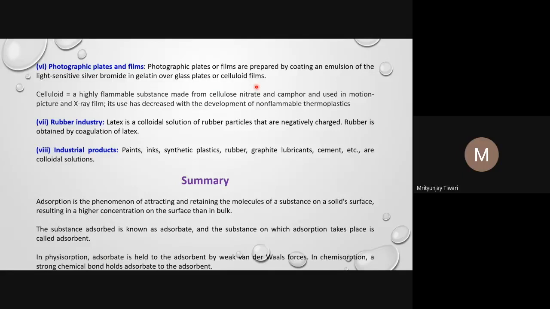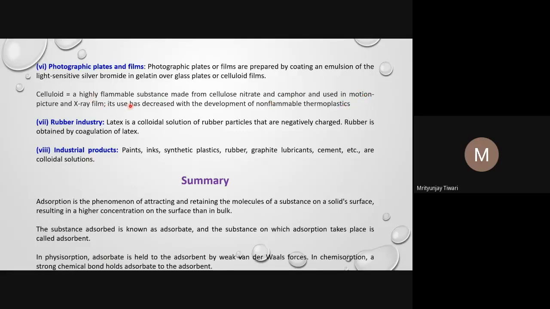Photographic plates or films are prepared by putting an emulsion of light-sensitive silver bromide in gelatin over glass plates or celluloid films. What is celluloid? A highly flammable substance made from cellulose nitrate and camphor, used in motion picture and X-ray films.